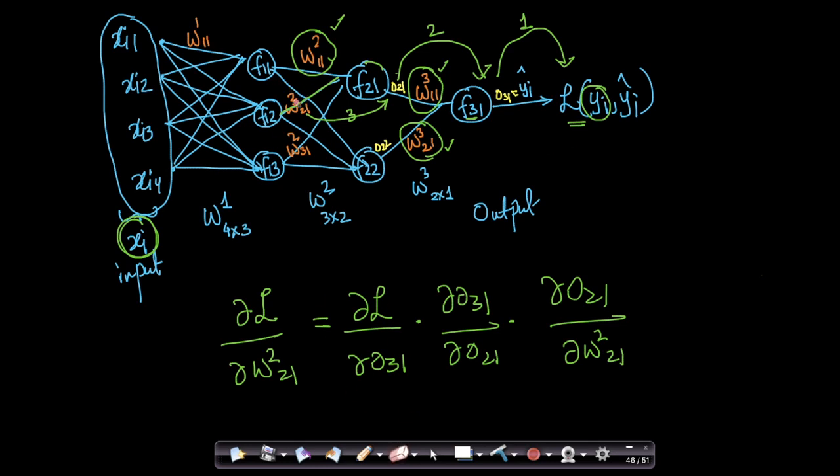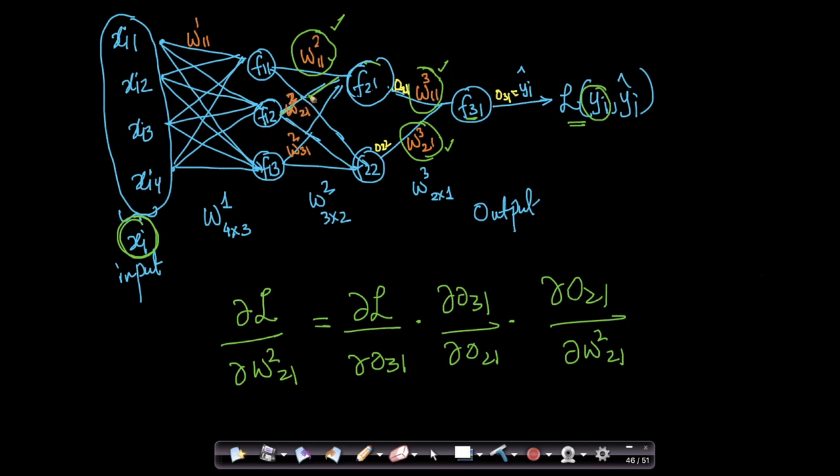Okay, so I'll try to erase this. This is a slightly tricky thing to erase, but I'll try. Let me just use the correct connections here. So this connection, this connection, this connection, and there is an edge here. This is O21, and this edge here is W221.